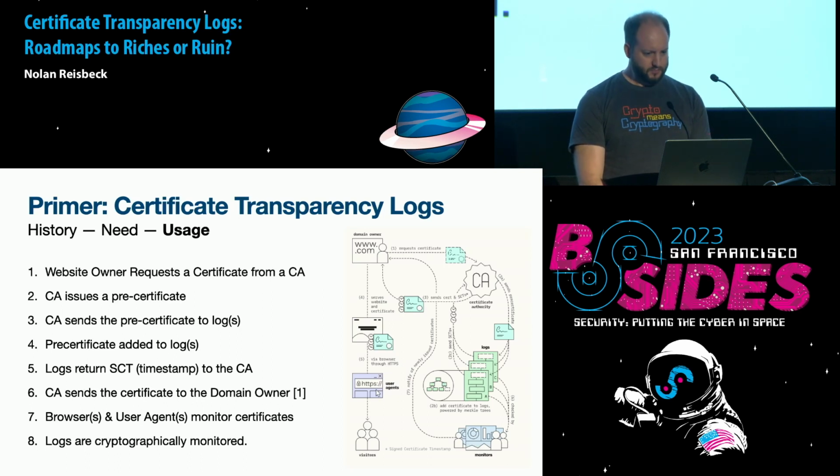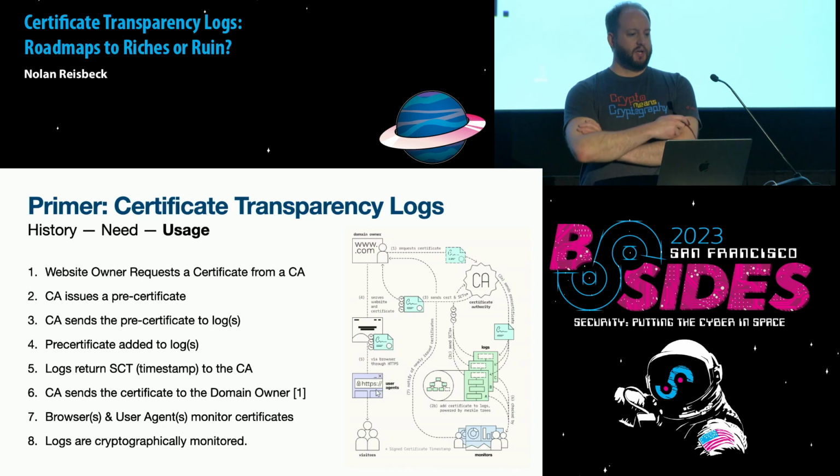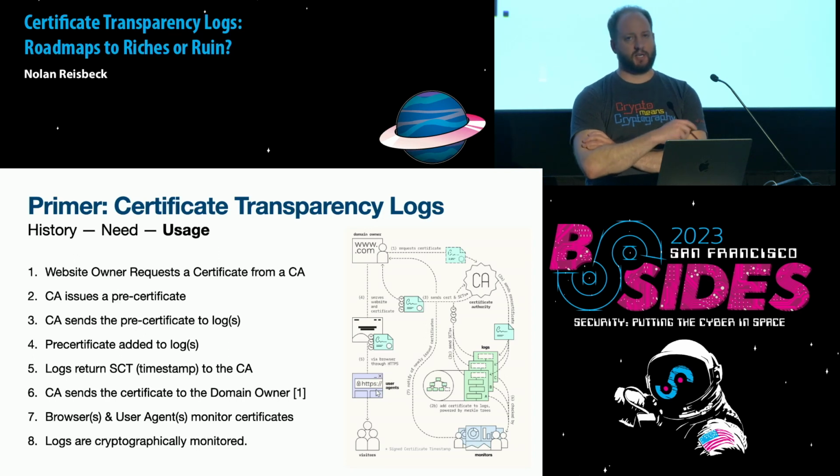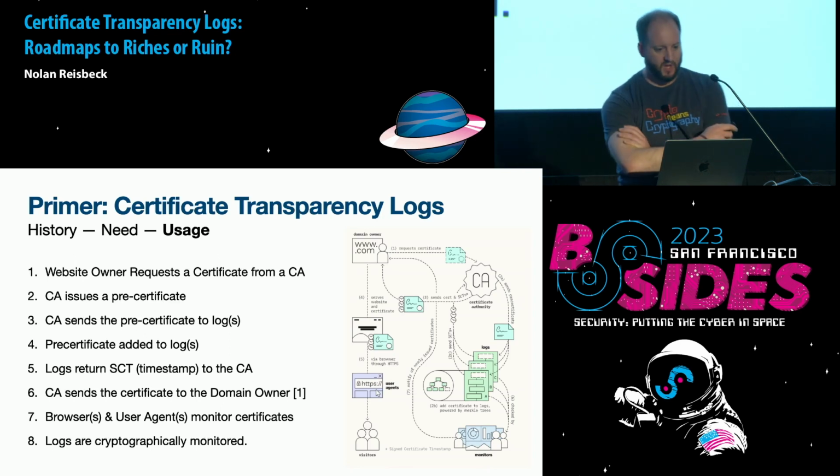So how does this all work? A website owner, basically you submit a CSR or a request. They'll issue a pre-certificate, which is a certificate. It's just not a real one. There's a couple of bits and bytes in there that indicate that it's not to be used as an actual secure certificate. The CA then publishes that certificate, that pre-certificate, to a log.